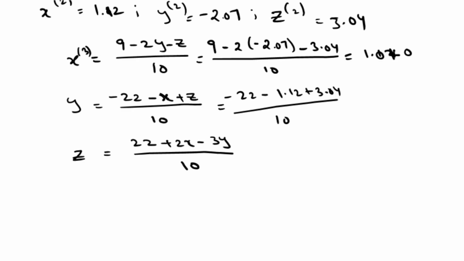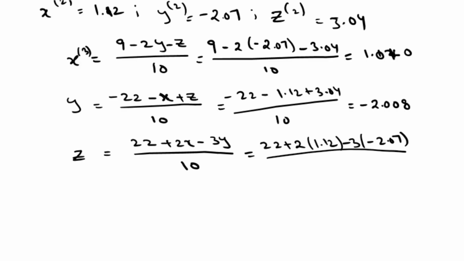If you substitute the values, you can obtain x is 1.010, y is minus 2.008, and z is equal to 22 plus 2 into x is 1.12 minus 3 into y is minus 2.07 by 10.